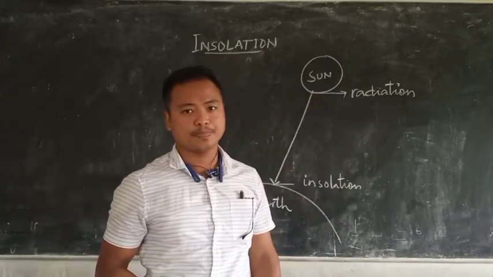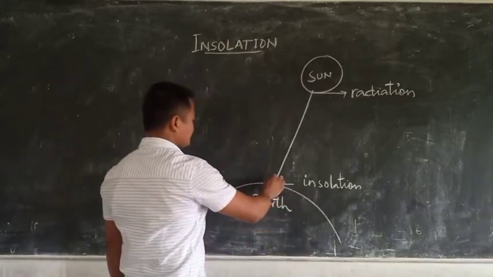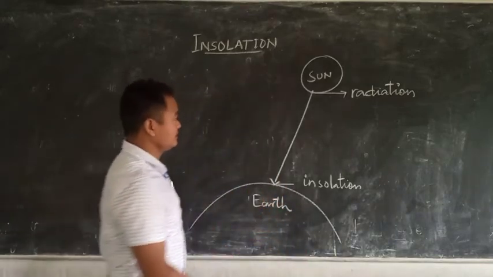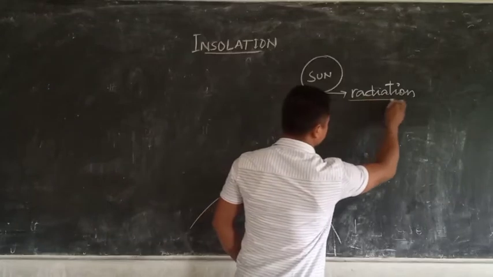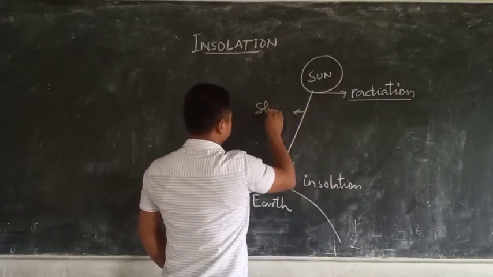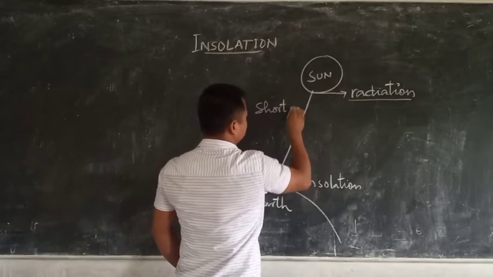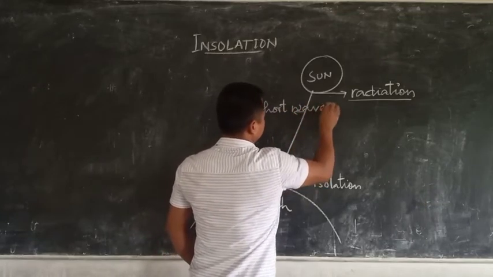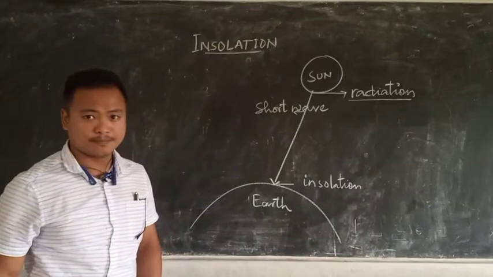Now as this heat energy reaches the Earth's surface, this form of radiation is known as short wave radiation.